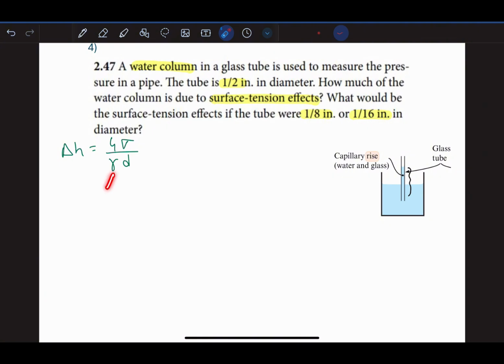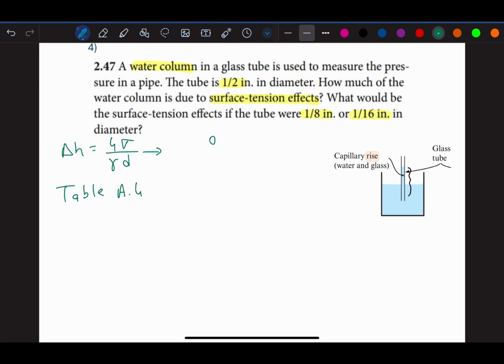So we have specific weight, diameter, and surface tension, and they will all give the capillary rise or water column. From table A.4, you can find the value of surface tension for water.